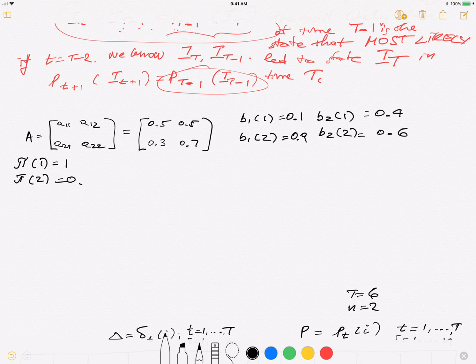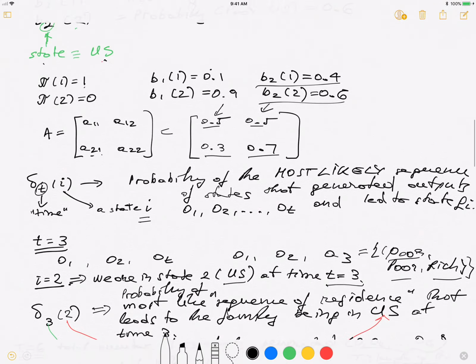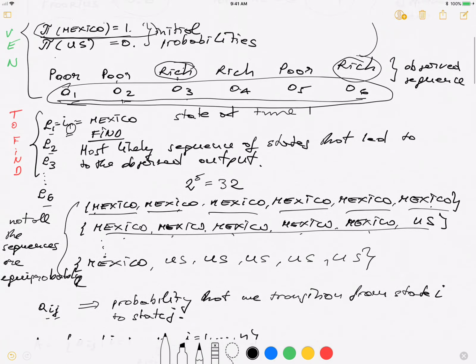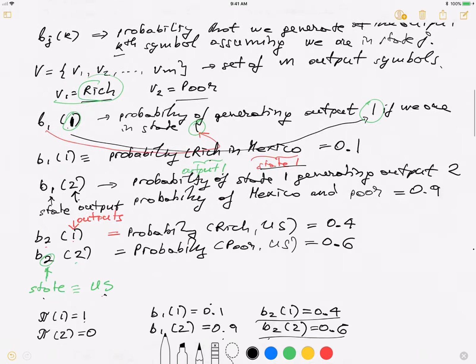So, what is my O? Set of outputs. Let's remember what the set of outputs was: poor, poor, rich, rich, poor, rich.